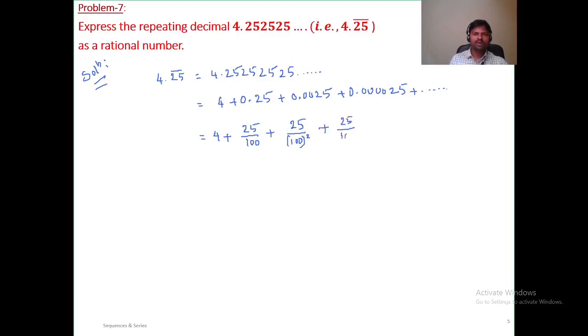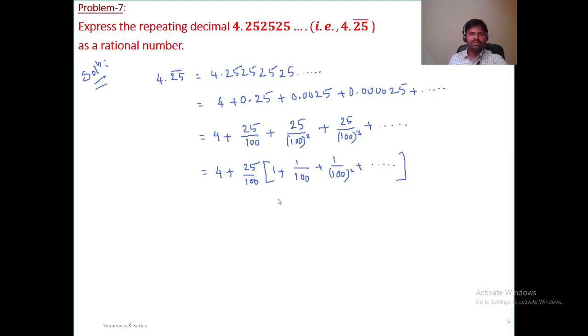So 100 into 100 into 100, or simply 100 power 3, plus and so on. Next, 4 plus 25 by 100, I am taking common from the rest of the terms. So what do you get? 1 plus 1 by 100, plus 1 by 100 square, plus and so on.